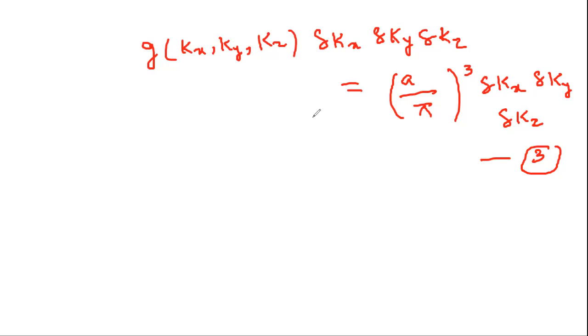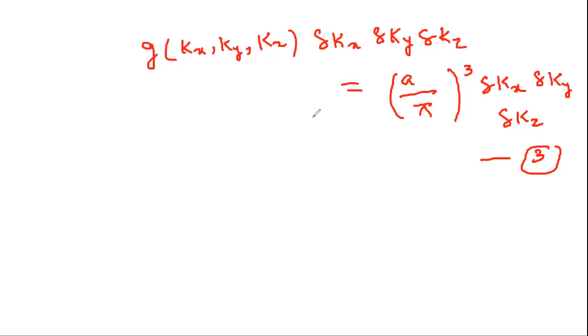A is the side of the cube. So A cube is actually the volume in which we are considering our gas particle to be confined.